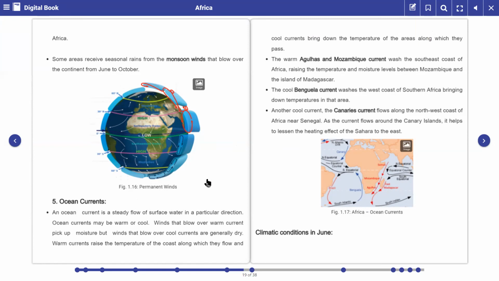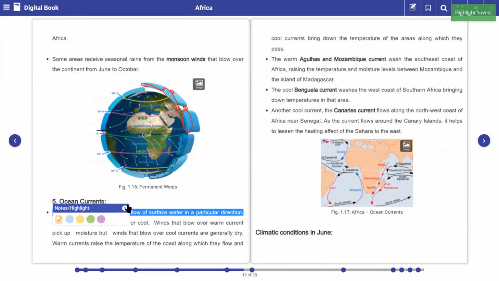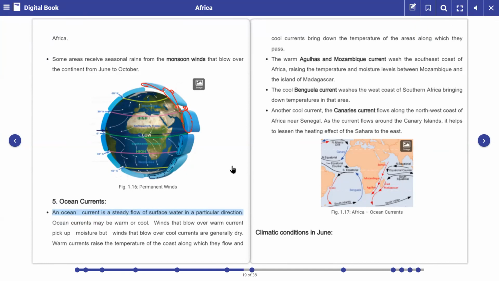Now let's understand ocean currents. An ocean current is a steady flow of surface water in a particular direction. Please underline, this is the definition of ocean current. What does ocean current mean? It is a steady flow of surface water in a particular direction.